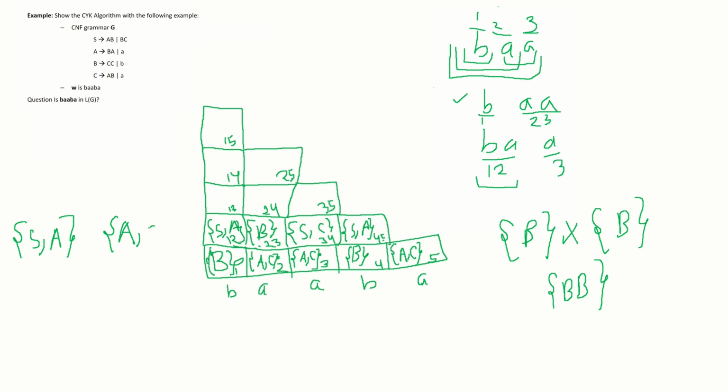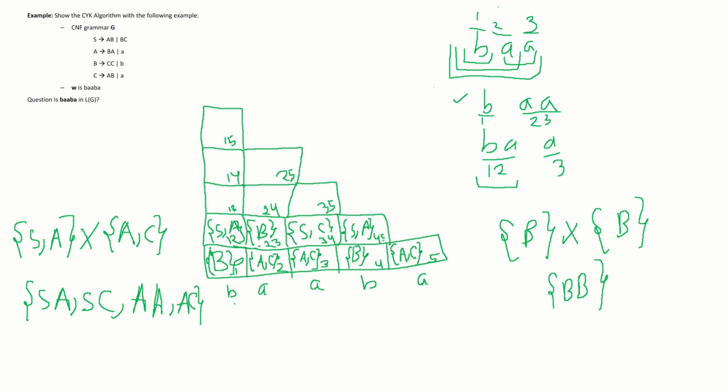So A and C. Now if we cross product this, we will get SA, SC, double A and AC, right? So we can create this BAA from this BB and this 4 combination where SA, SC, double A and AC.